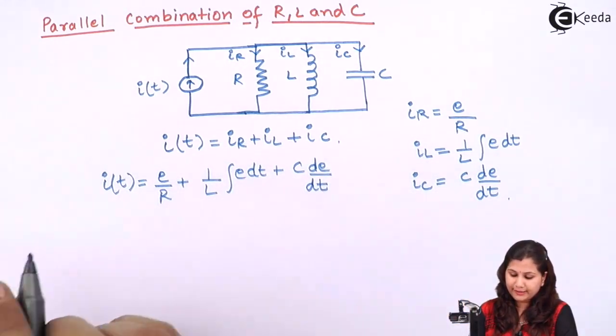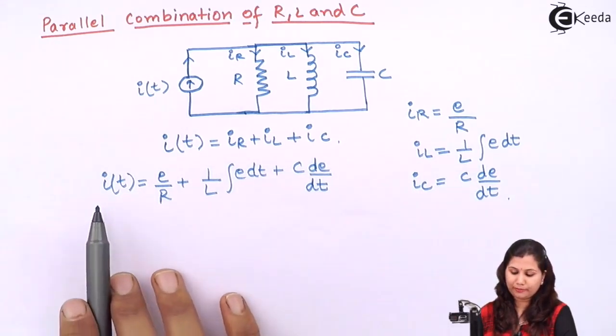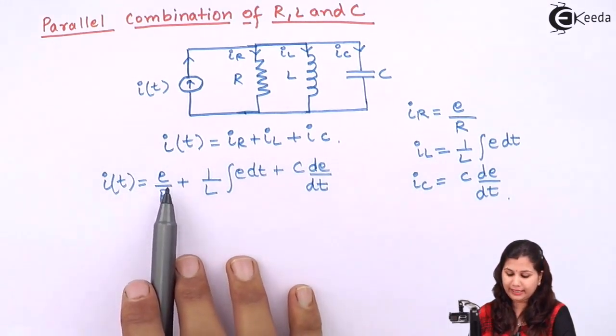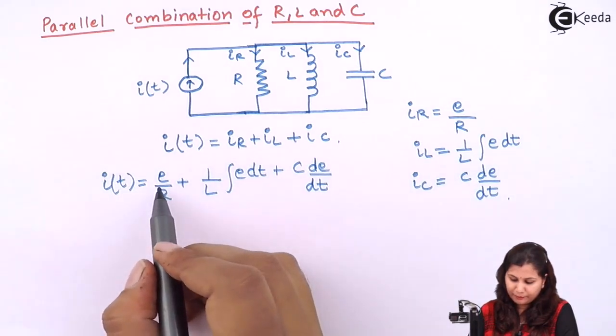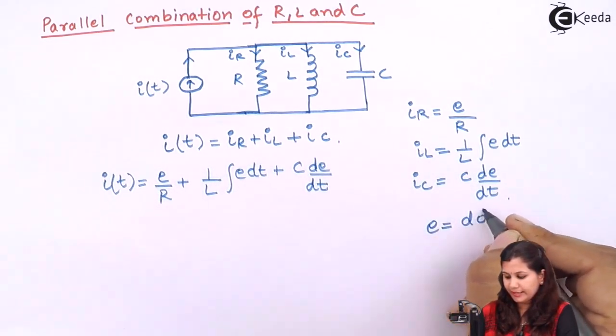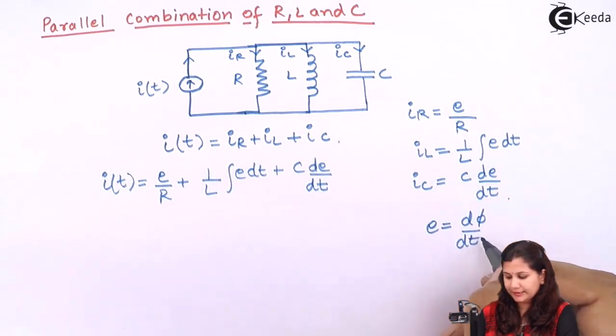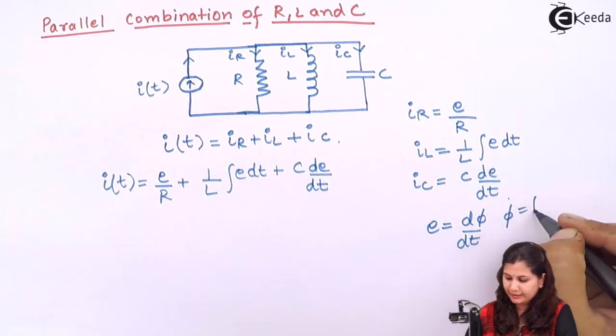Okay, so this is the equation which is showing the relationship between the current in the circuit and the voltage across these three elements R, L and C. Now the voltage E, in terms of flux, is d phi by dt, where phi is the flux.